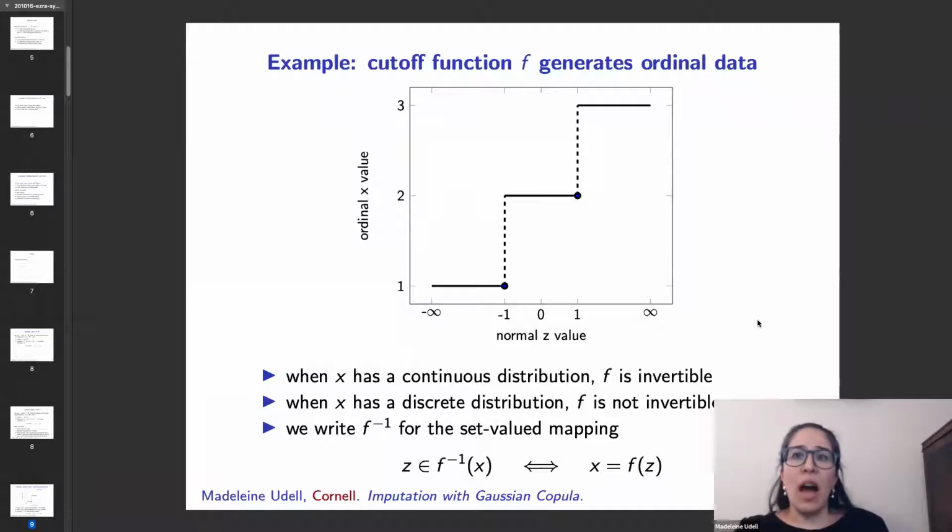Okay, so still the inverse is going to play an important role in what comes next. So I'm going to write f inverse for this set valued mapping. So f inverse of x is going to map a given observation, say an ordinal value like 2, to the interval of z's it could have come from, in this example between -1 and 1. Okay. Any questions so far?